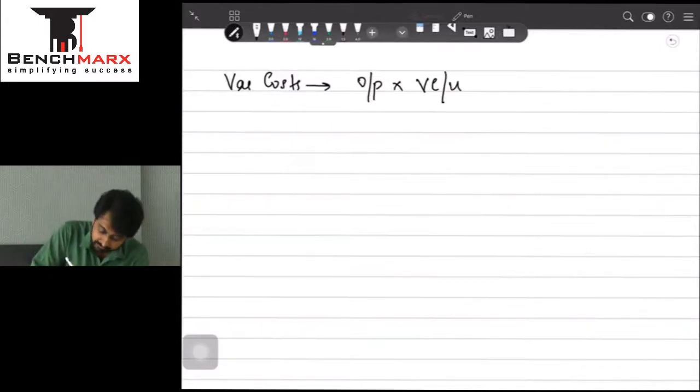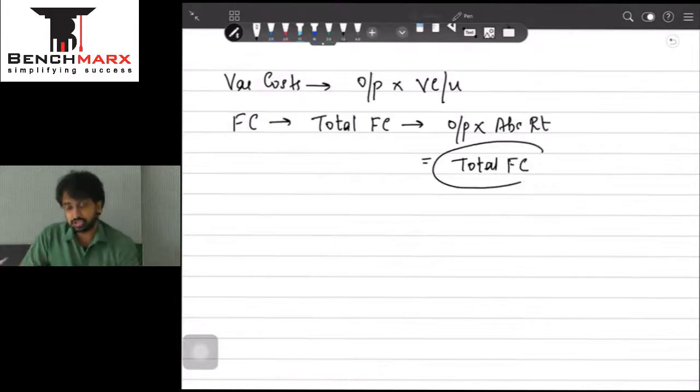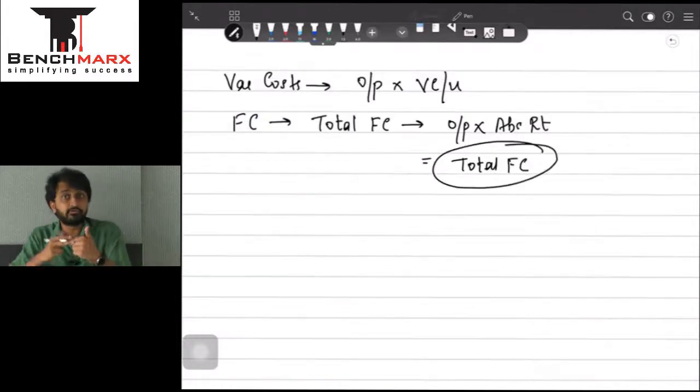As far as fixed cost is concerned, very important, we first find the total fixed cost by using the formula output into absorption rate. Once we get the total fixed cost, this total fixed cost is going to remain the same for different volumes as well.